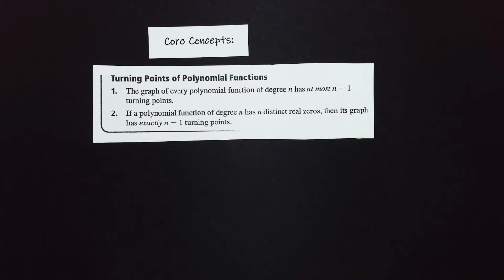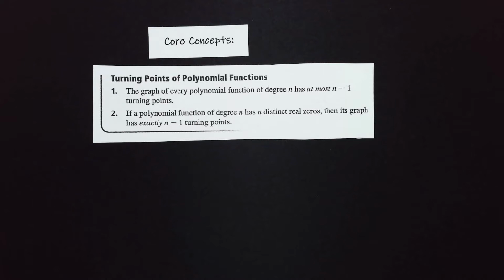Same thing with a polynomial of degree 6: it would have at most 5 turning points. If a polynomial function of degree n has n distinct real zeros, so if its degree is 6 and it has 6 real zeros, which means it crosses or touches the x-axis 6 times, then its graph has exactly n minus 1 turning points, so 5 turning points.